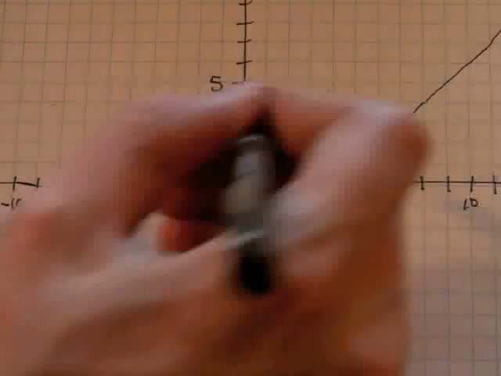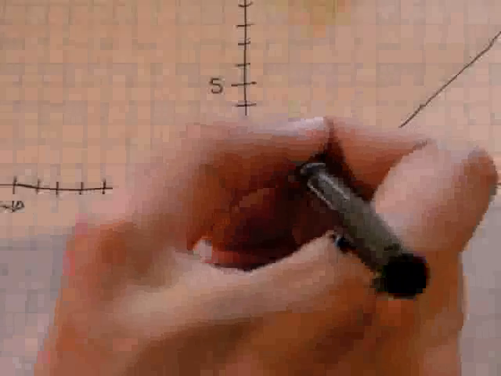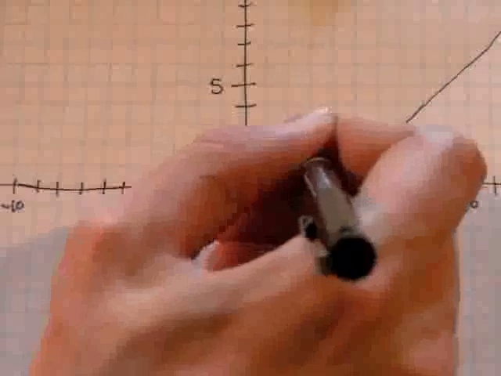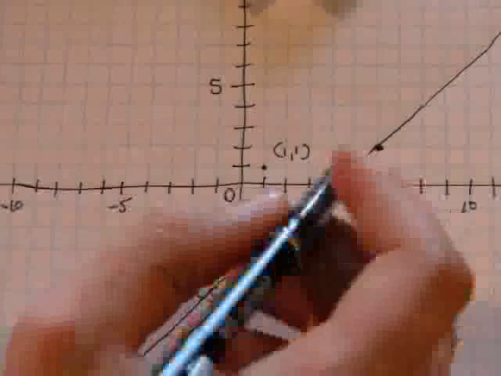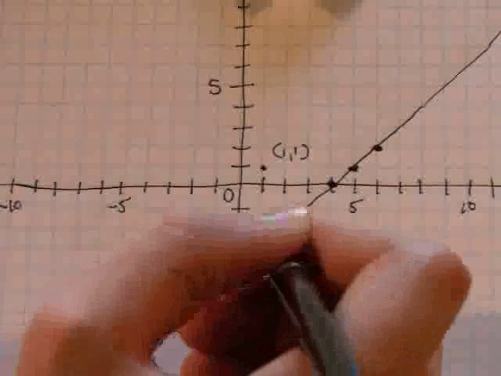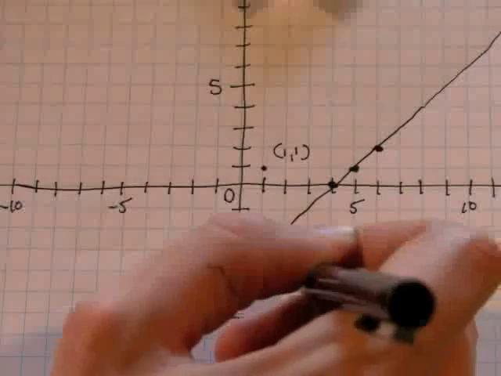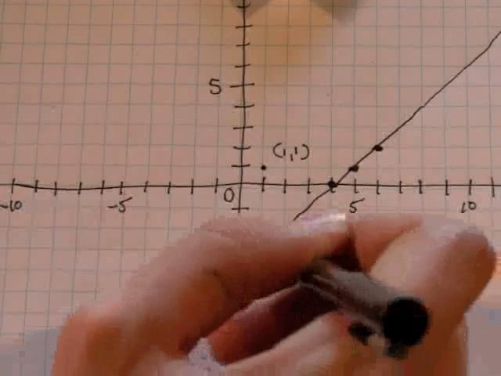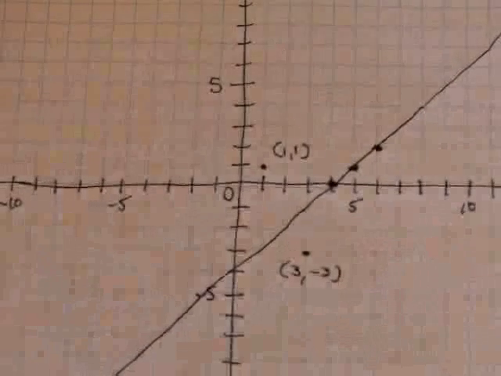So let's just choose one. So 1, 1. It's this one right here. How about -3 for y and 3 for x? There's another one. So let's test those two and we'll figure out which one will shade.